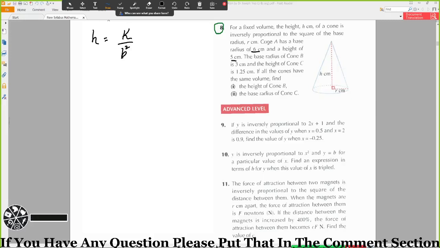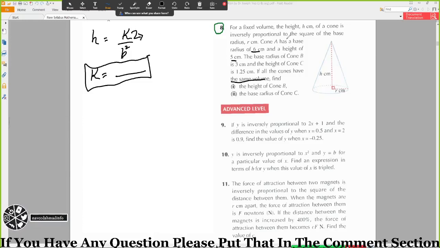So from cone A you will find the value of K, the constant value. It is given that all the cones have the same volume, so for all the cones your K value will remain constant. K is the constant of proportionality.